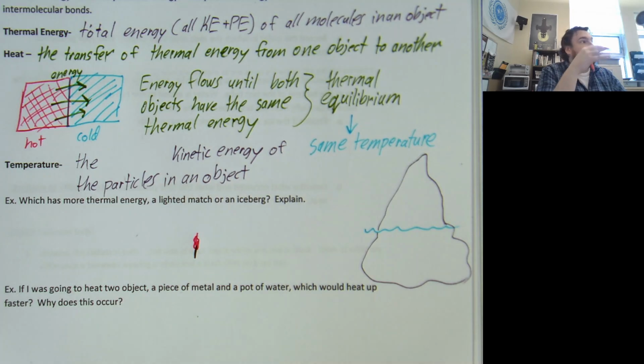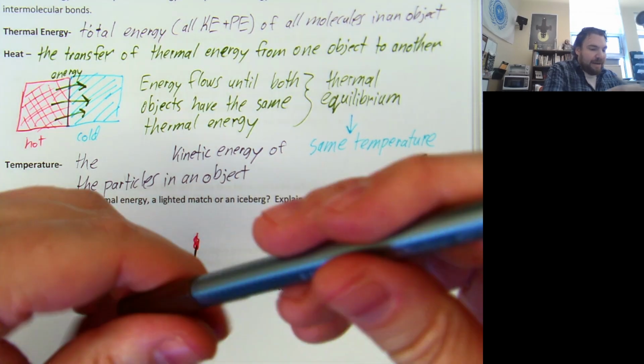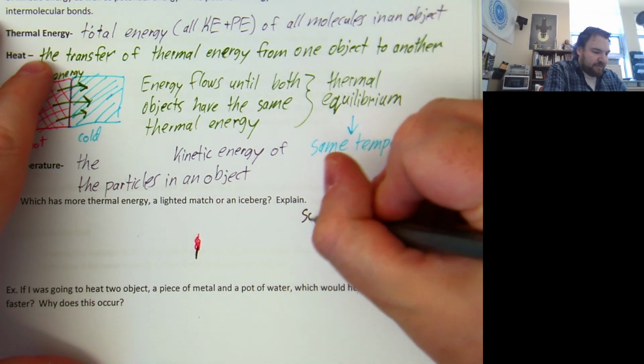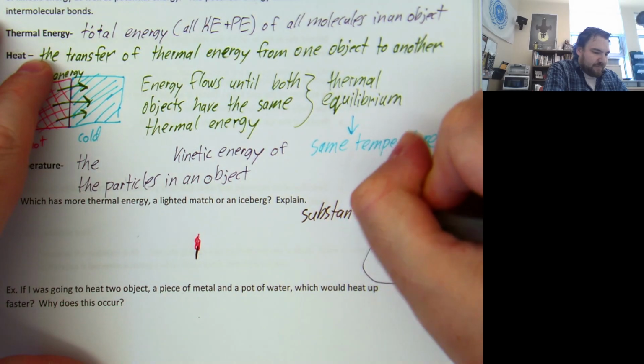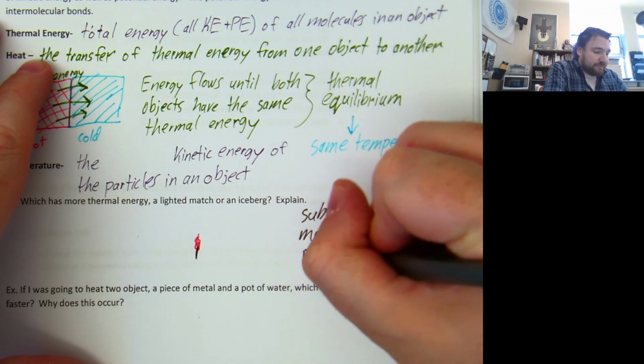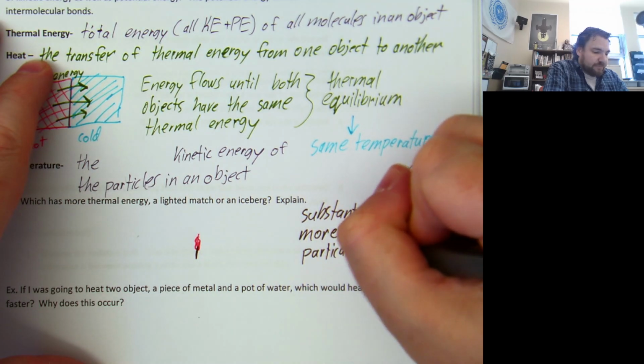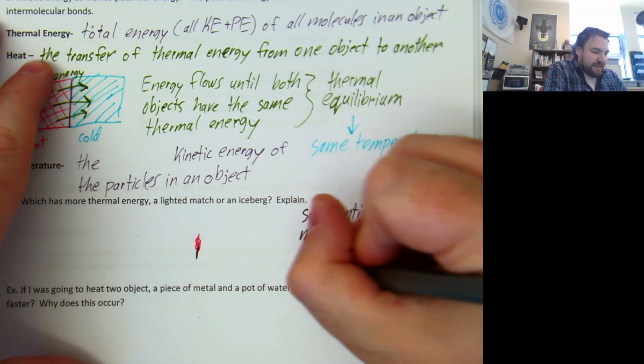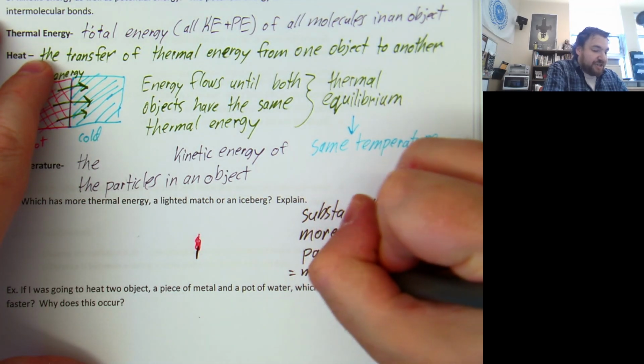If you add up all the energy of all those individual particles, of course there's going to be more thermal energy available in that iceberg. So this thing has substantially more particles. More particles equals more thermal energy.